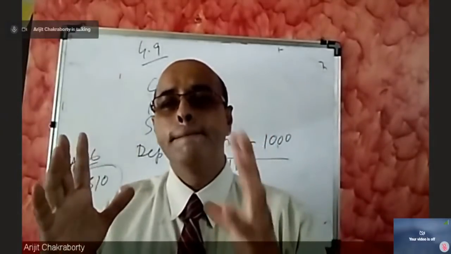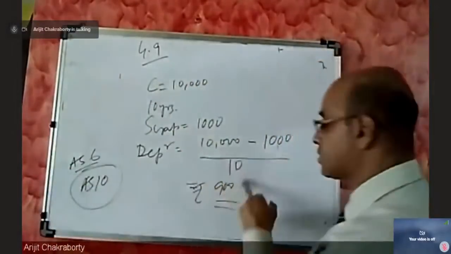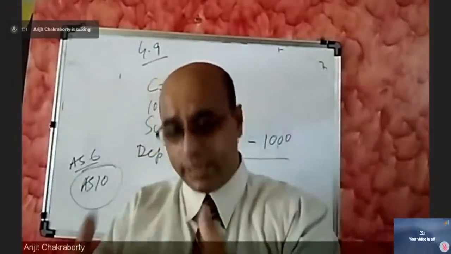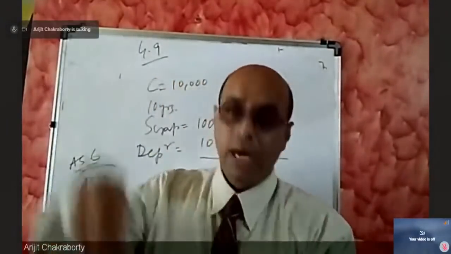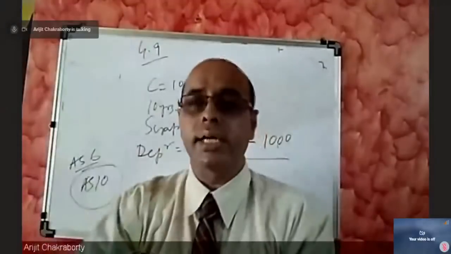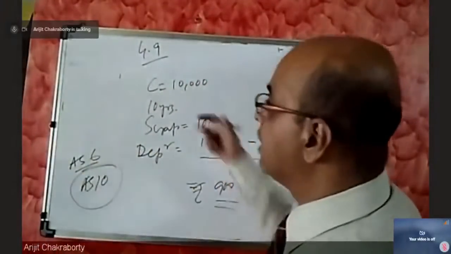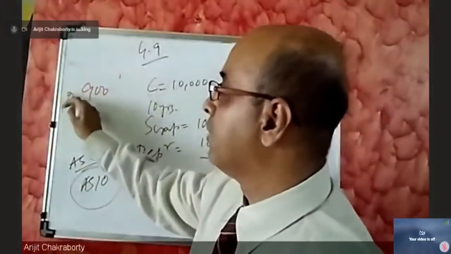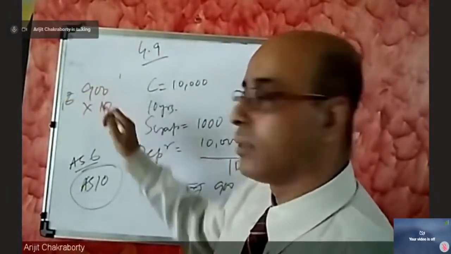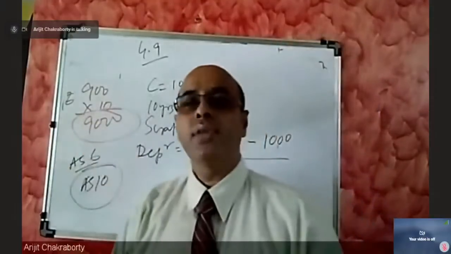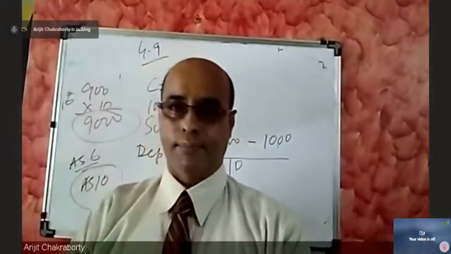They put this 900 rupees every year in a sinking fund, in an account. 900 rupees, again next year 900 rupees, again next year 900 rupees. So that in 10 years time, this 900 rupees every year for 10 years, the company will be able to get 9,000 rupees as a fund.